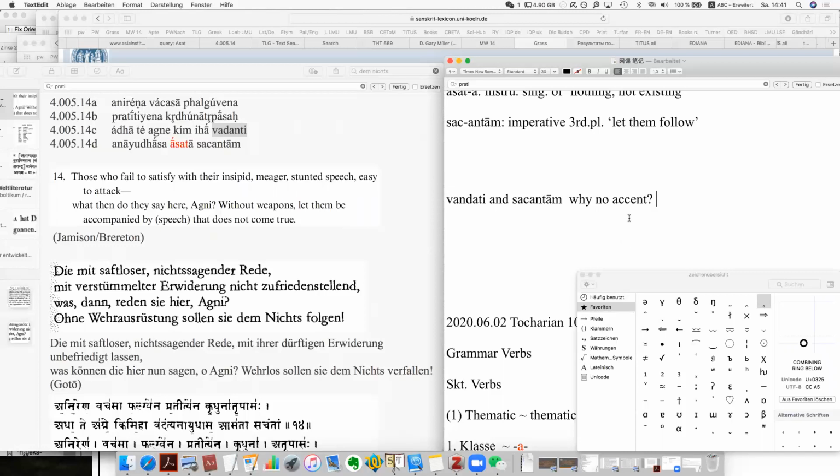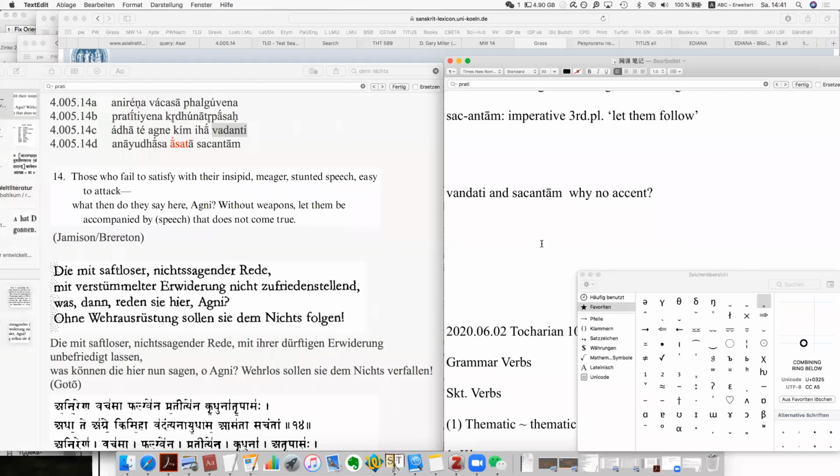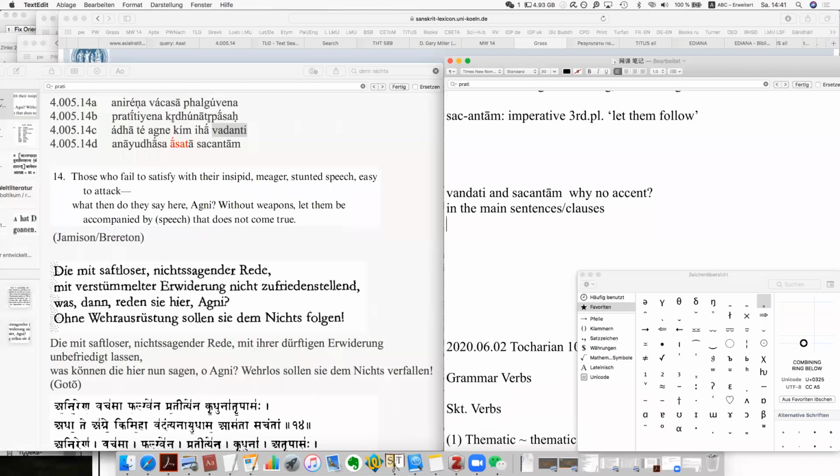Okay. Well, I can say it. Yeah, because they are in the main sentence. So they are in the main clauses. 但这里其实没有 clauses，所以无所谓了。So actually, they are in the main sentences. So verbs in the main sentences have no accent.